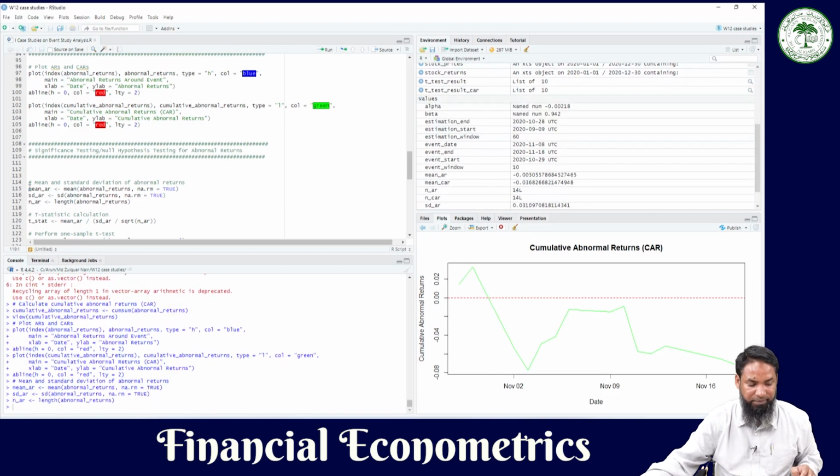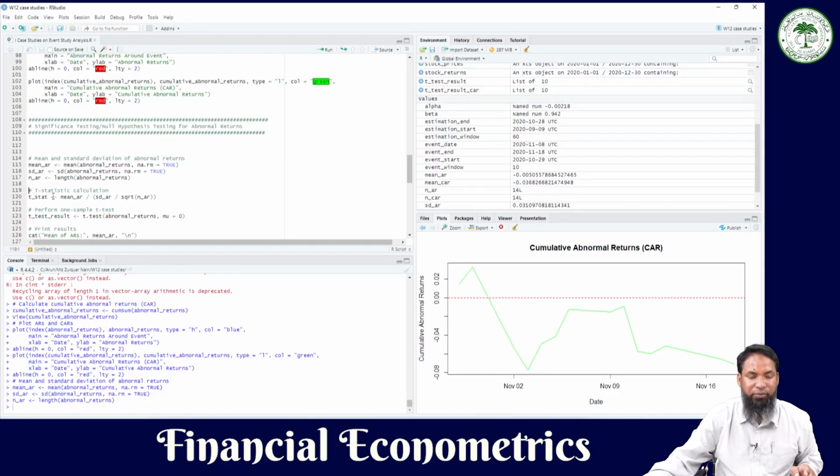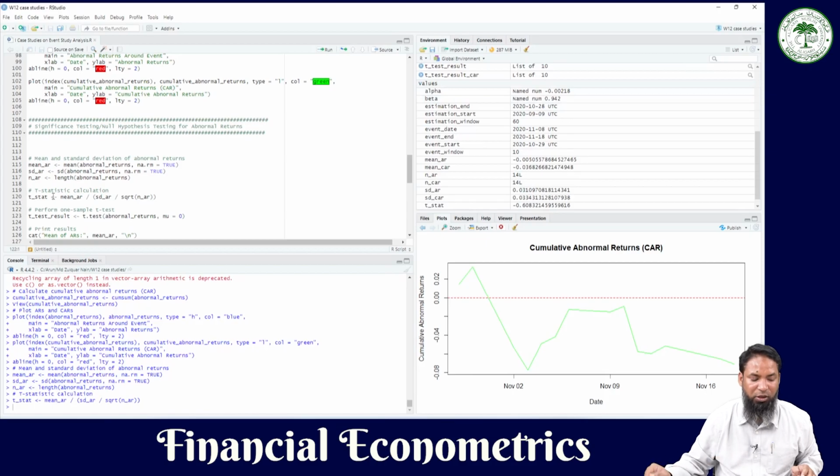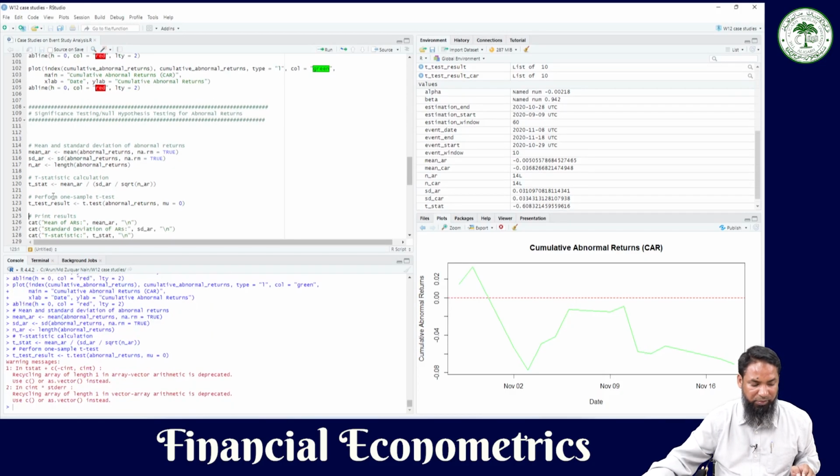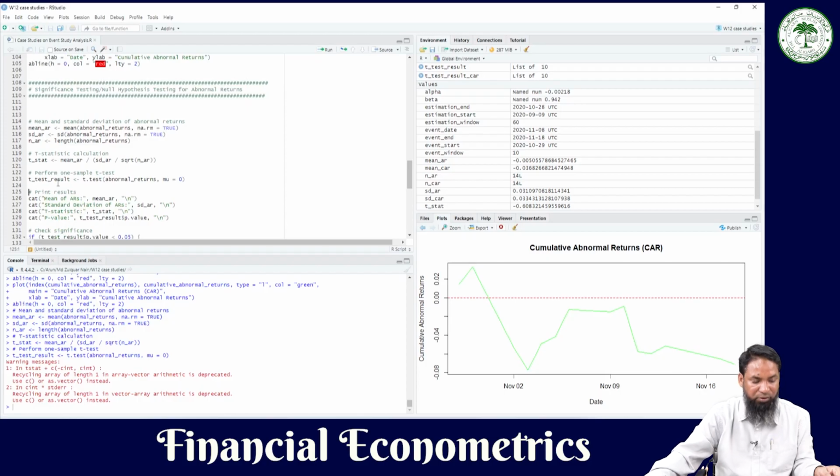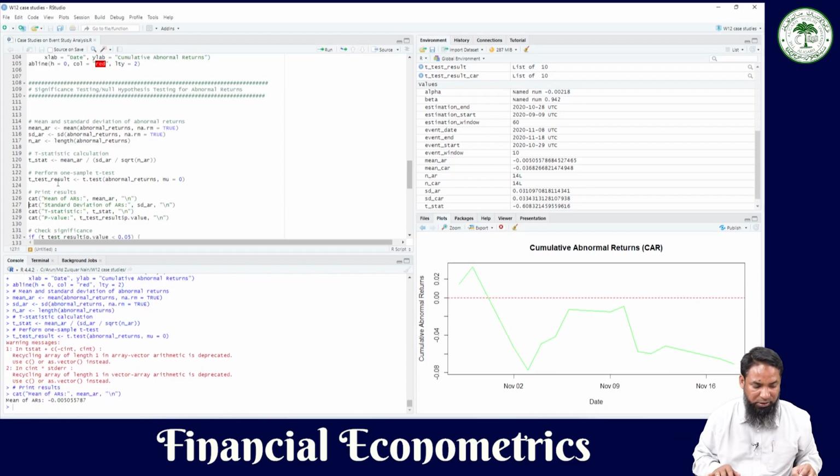Then we are calculating the T statistics. Now we are testing whether the abnormal return is different from 0 or not. So perform the one sample T test. Now let us see what result we are getting.